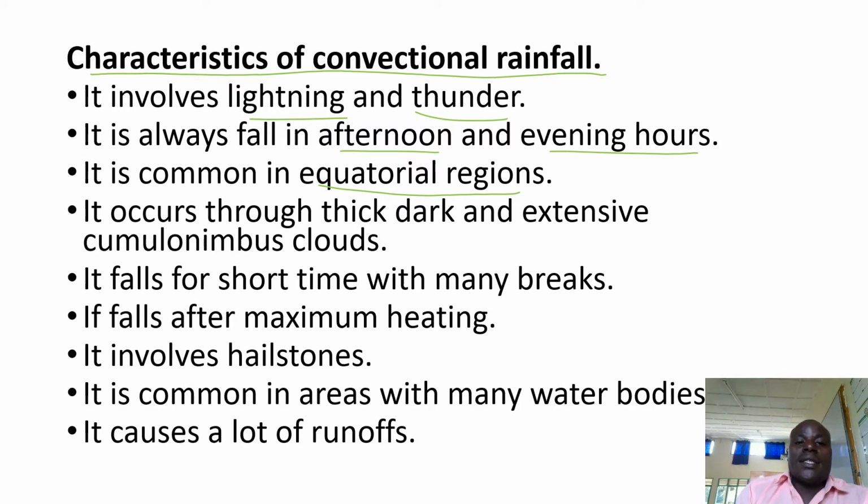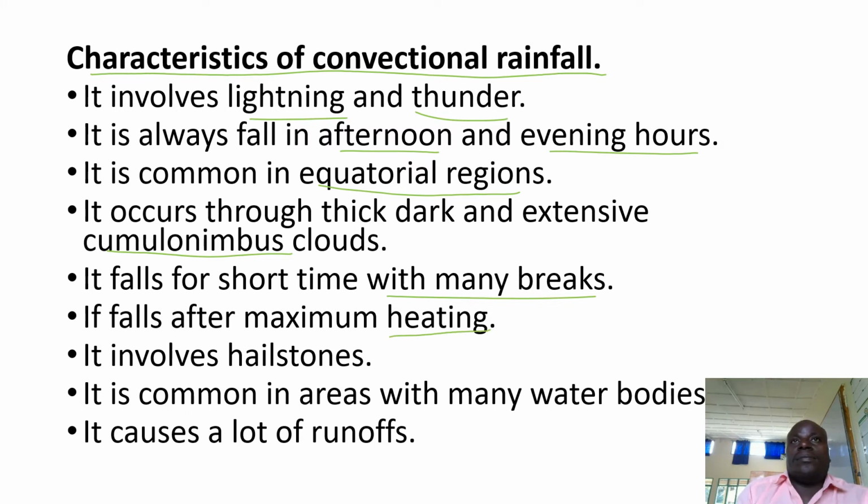It occurs through thick, dark, and extensive cumulonimbus clouds. It falls for a short time with many breaks. It rains, stops after 2 minutes, resumes, stops after 10 minutes, resumes, like that. It falls after maximum what?